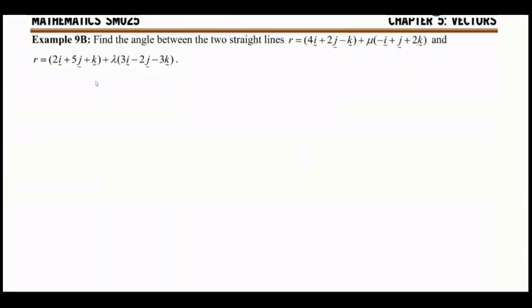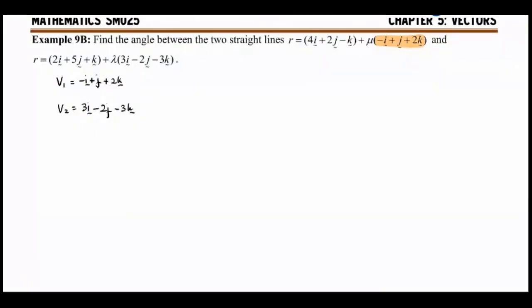Okay, what is our V1? Take out V1 and V2 first. V1 is negative I plus J plus 2K. Okay, so we are looking from here. V2 is 3I minus 2J minus 3K.